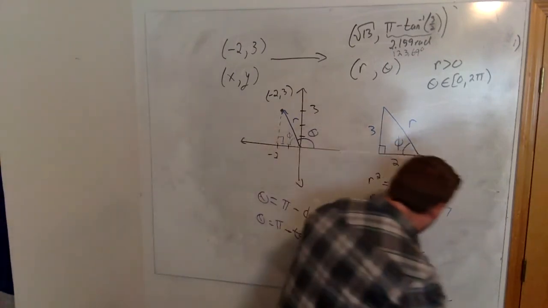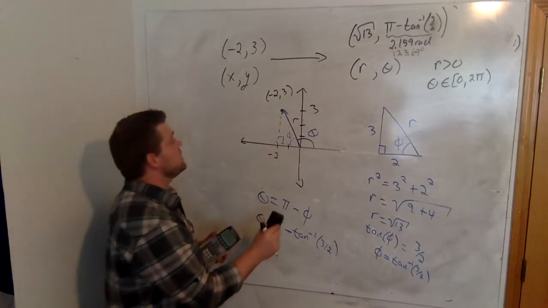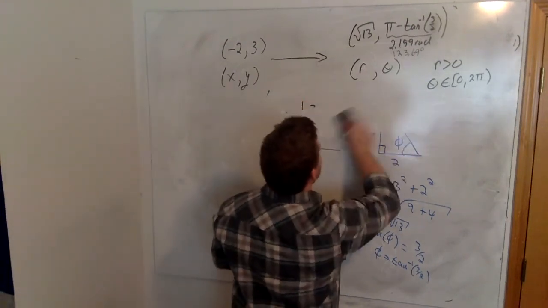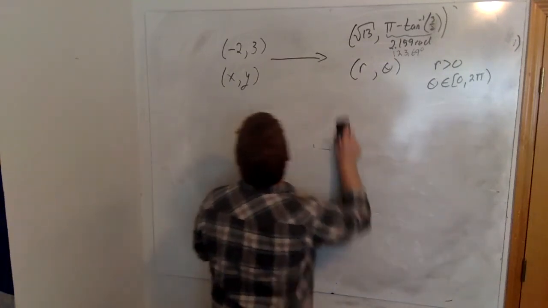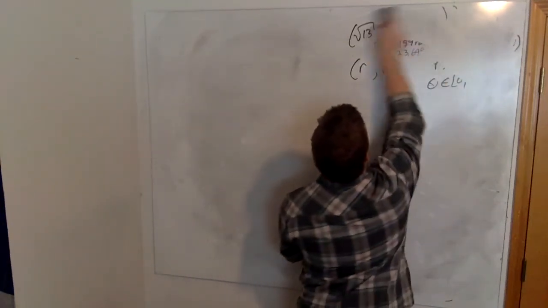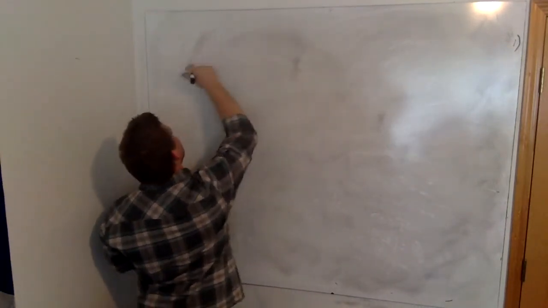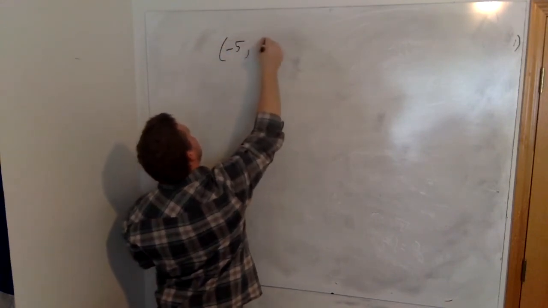Okay, so let's go ahead and try another problem, or let's have you try one. I'm going to put a point in the 3rd quadrant, and I want you to write it in polar coordinates. Let's say we have the point -5 and -2.